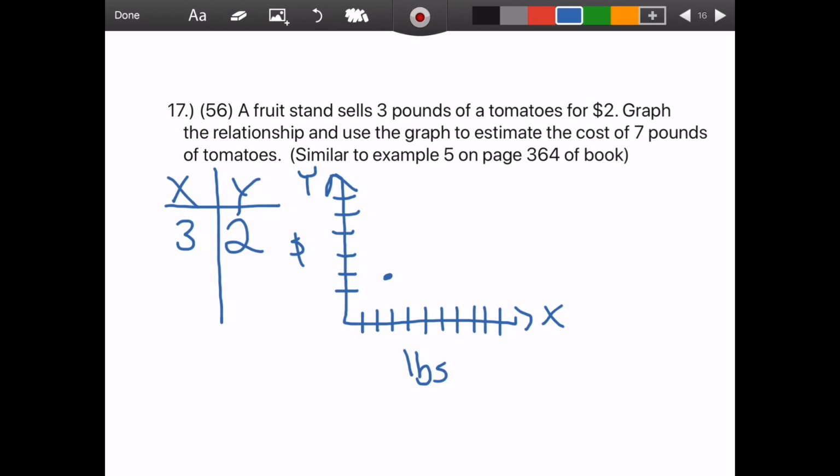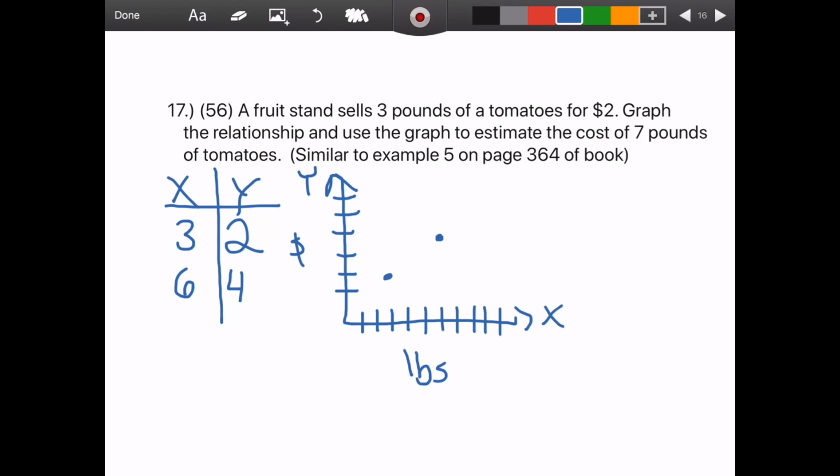So therefore, if we doubled this, let's say someone got 6 pounds, it would cost $4. So let's go over to 6. We'll go up to the 4. And then we could keep going on by just doubling this. But they want us to predict how much 7 pounds will be.